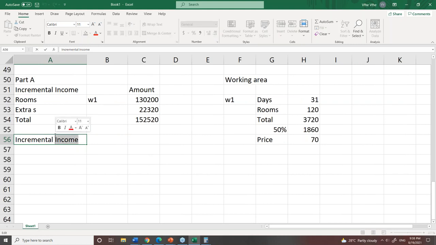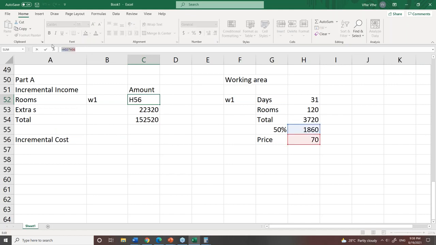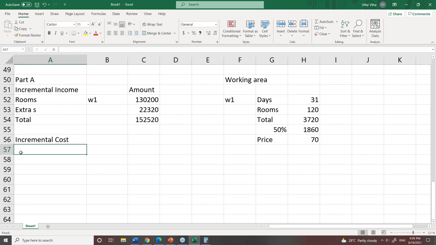Let's see the additional cost. $130,200 is the revenue from the rooms. Okay. You can see here 1860 is basically your occupancy, and 70 is the price per room. Okay. So incremental cost. Let's see what we have here.